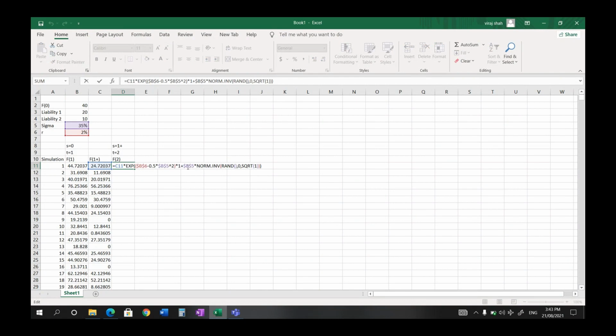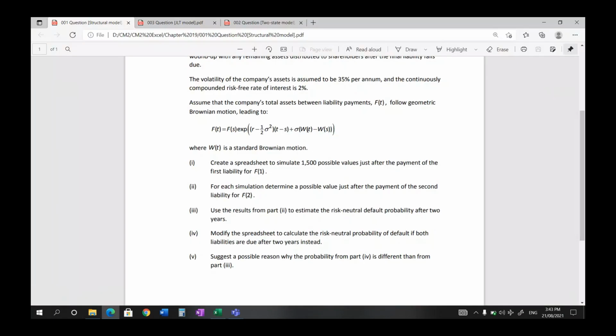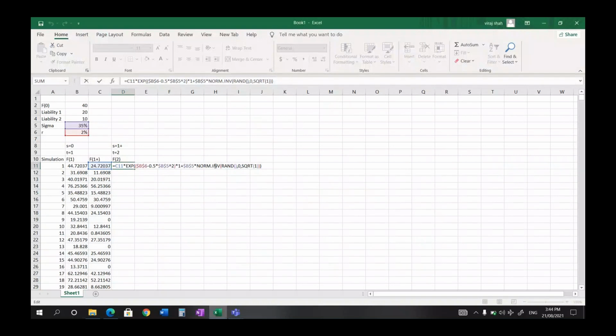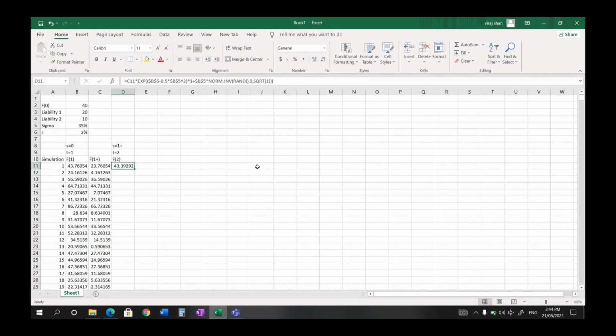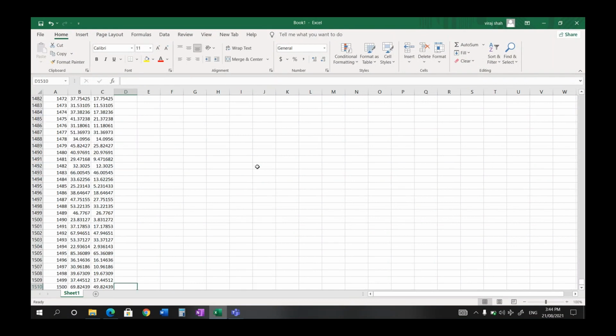Similarly, into sigma times WT minus WS, which is dW for 2 minus 1, which would be nothing but norm inverse of rand, 0, square root of 1. So this came to 43. So basically this is your F2.